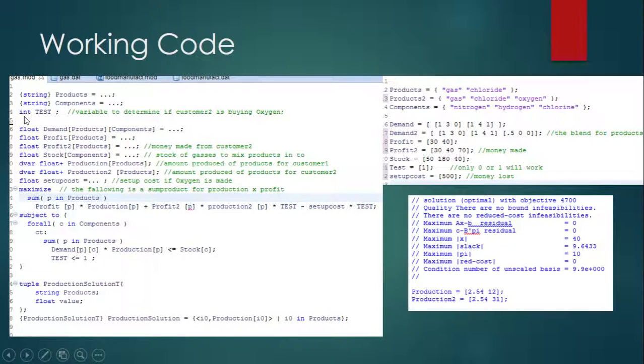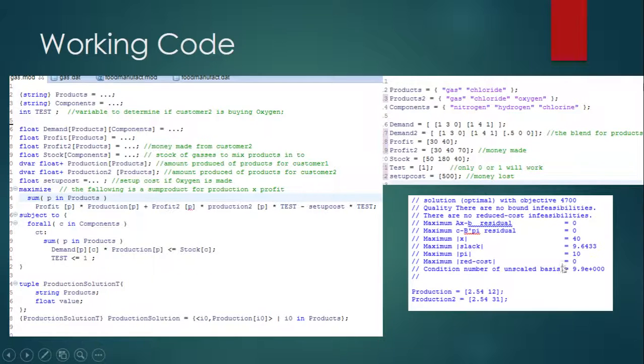I did declare it as an integer, so it has to be a positive whole number. And then I also set it has to be equal to or less than 1, so it only leaves 1 or 0. So if you did try to input something else here, it wouldn't work, which is what we want it to do, is to not work if you don't put the correct values in.